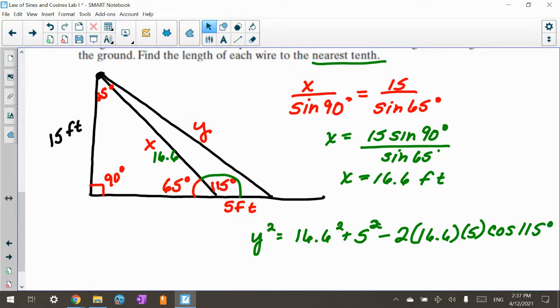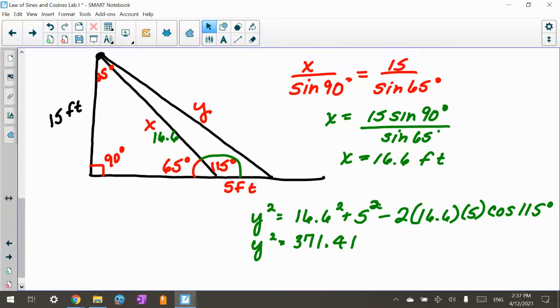That's one way to do it. Or you could have done the big triangle. It doesn't matter. When I do this, I get y squared to be 371.41. And if I take the square root on here, I get y comes out to be 19.3 feet. Okay, so you take the square root of both sides. So this comes to be 19.3 feet.